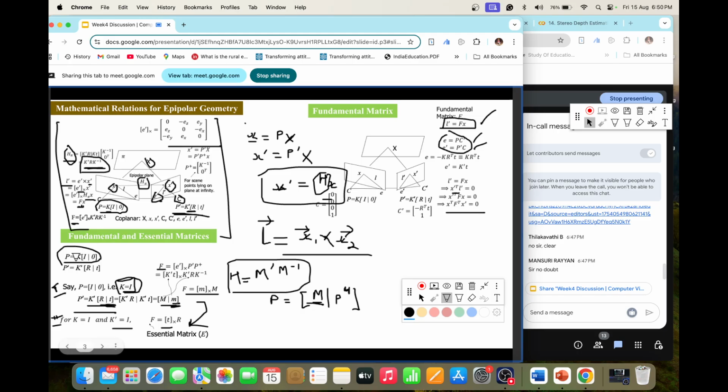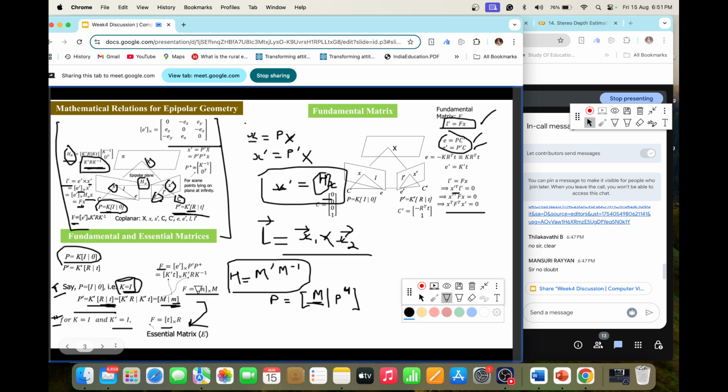First special case, when K equals I. Earlier we had some value of K, but if K equals I, then our fundamental matrix will be converted to mx into M. mx is this part, the 3 cross 3 matrix, and small m is the last row of the 3 cross 4 matrix.